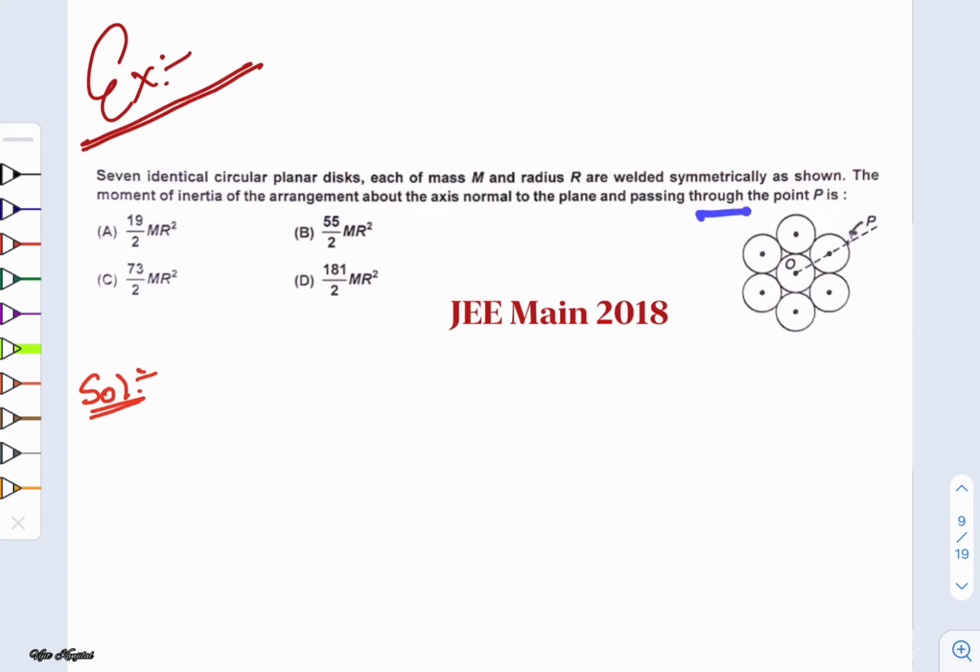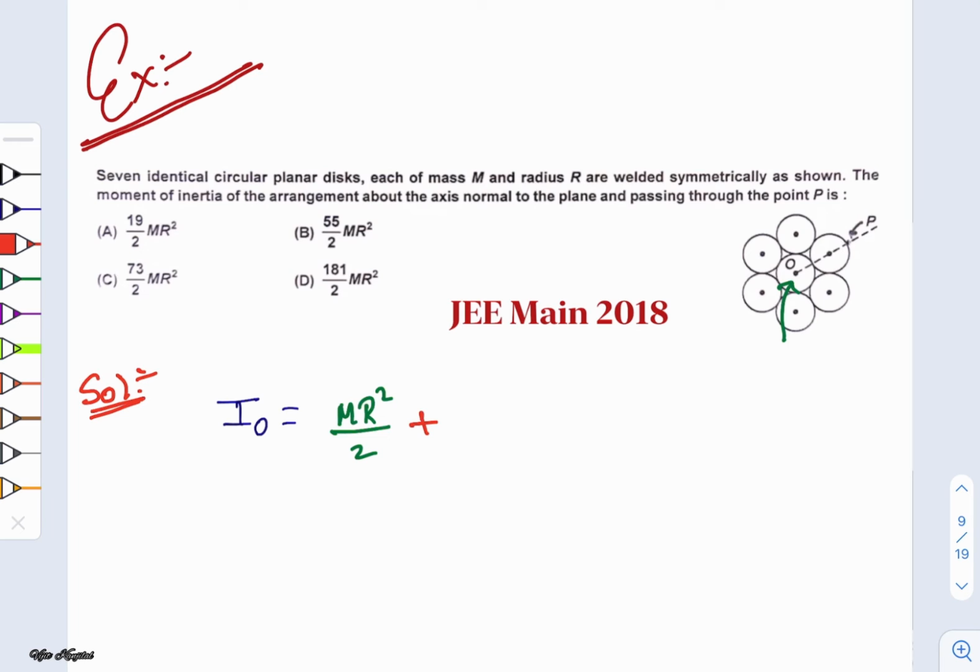So let us try to calculate the moment of inertia of this entire system with respect to an axis passing through point O and perpendicular to the plane of the screen. Let us call that IO. What is the contribution to IO from the central disk? It would be simply mr square by 2.